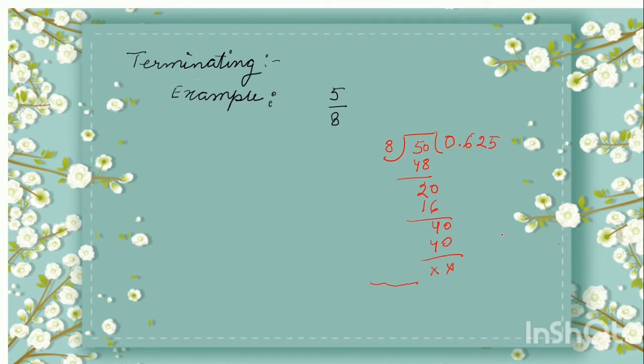So here you got 0.625. You can see these are finite digits. Now it ends over here. So these types of rational numbers are terminating decimals, that is, they end over here.